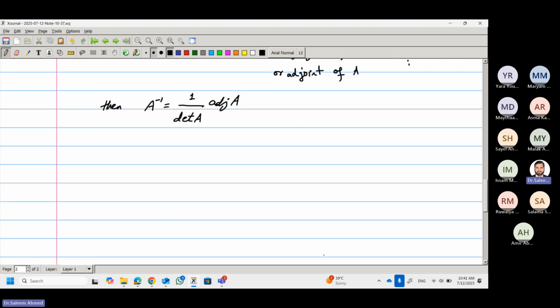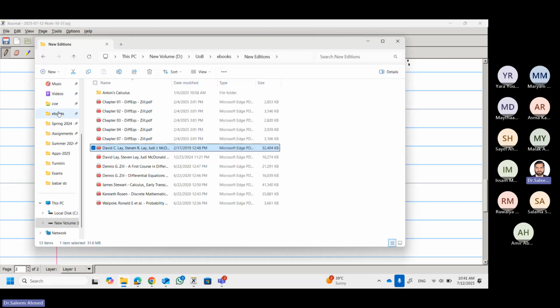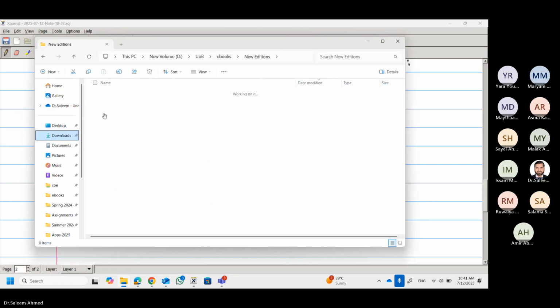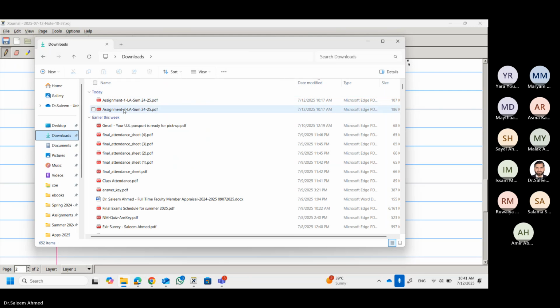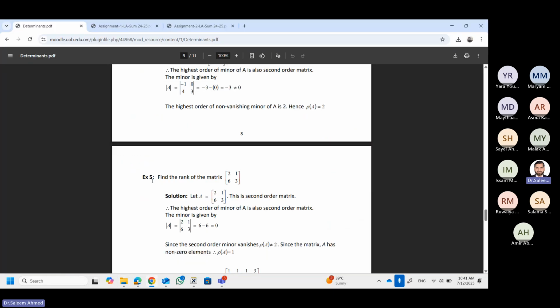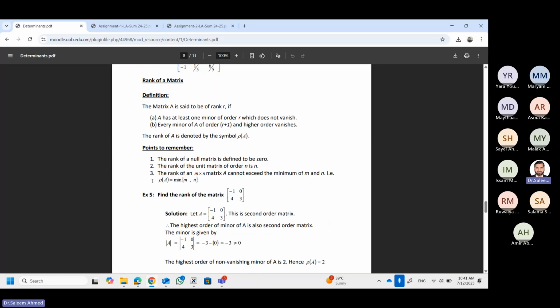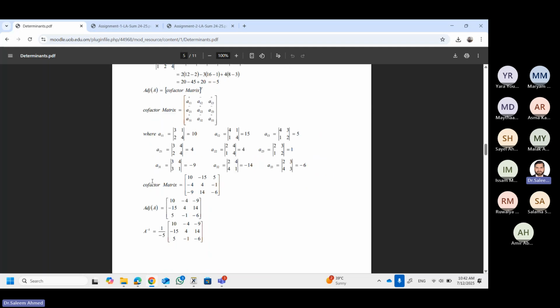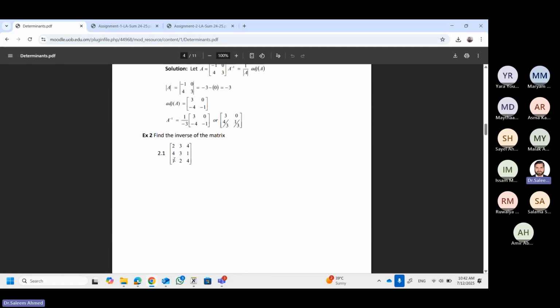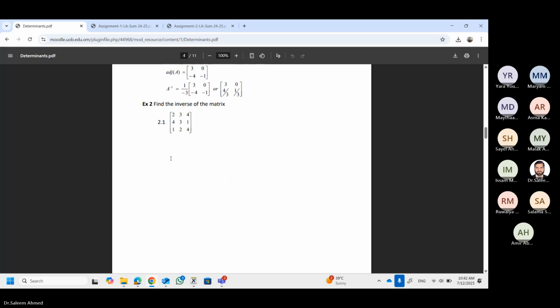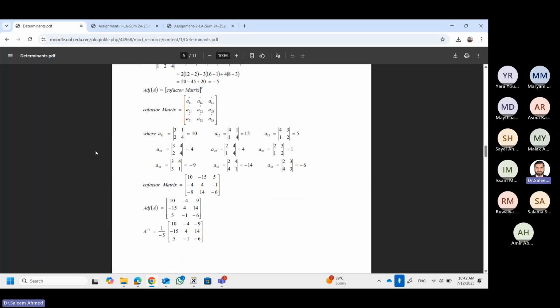If I go to your assignment that I just downloaded, not assignment, the determinants, this one here. So before that, if you look at this one, this is that method. Example 2, in example 1 and 2, right? Here I think in the typing, these are the cofactors.